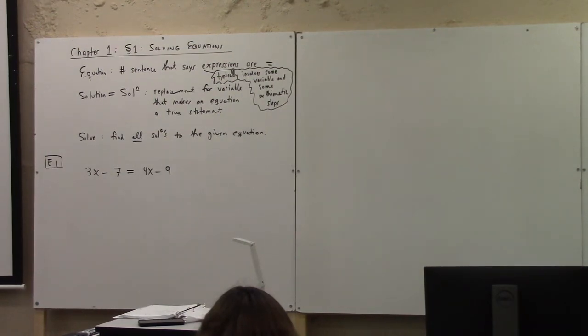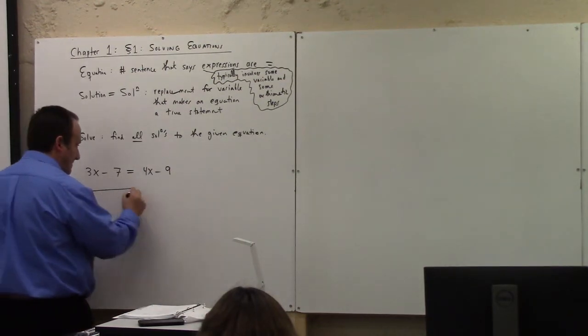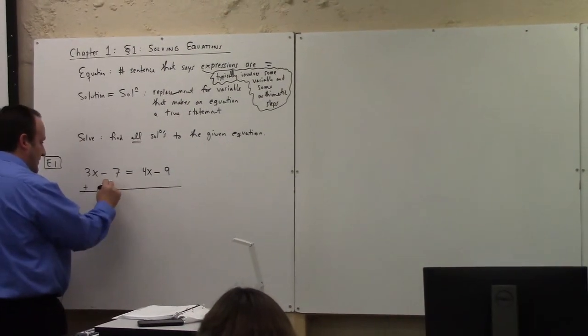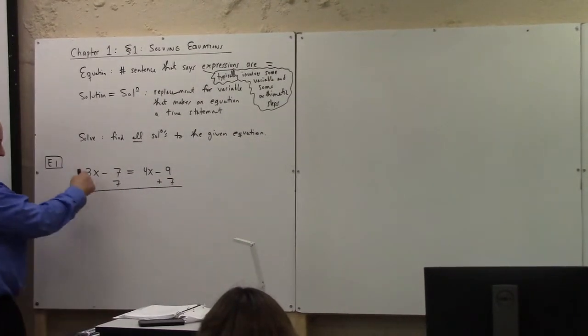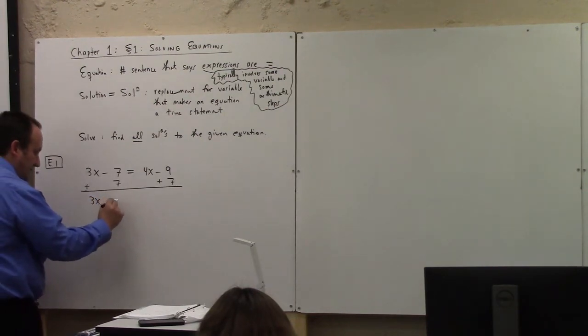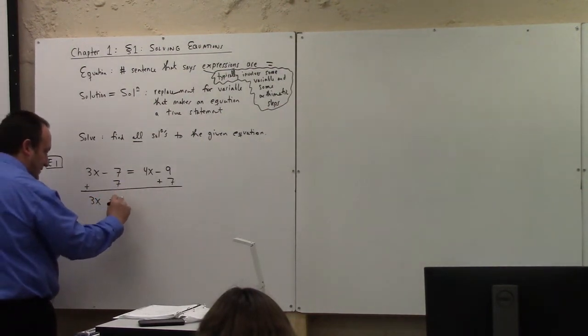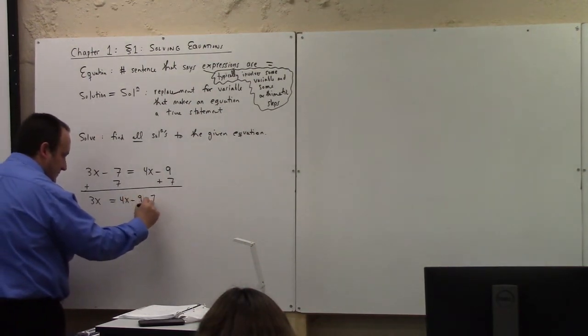And what can we do? We can add 7 to both sides, right? So I could do it like this. Plus 7, plus 7. So this gives me what? It gives me 3x equals, on the other side we got what? 4x minus 9 plus 7.